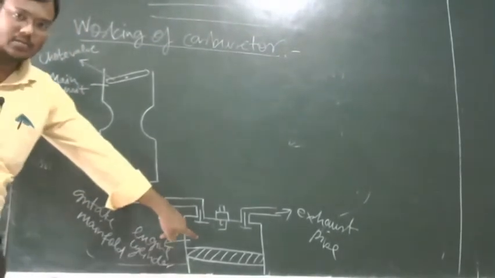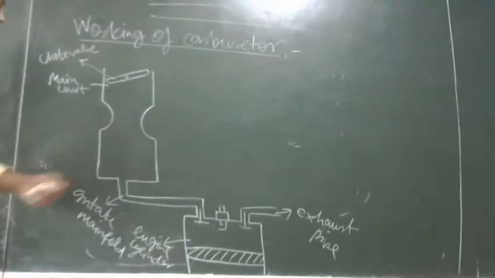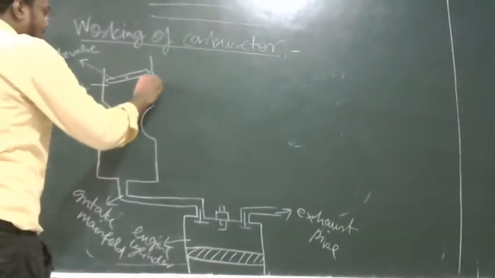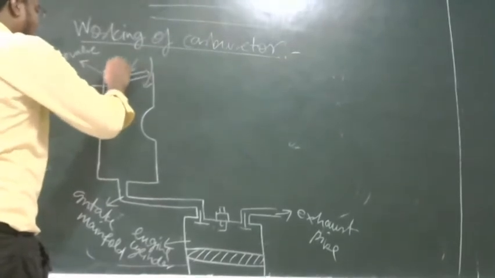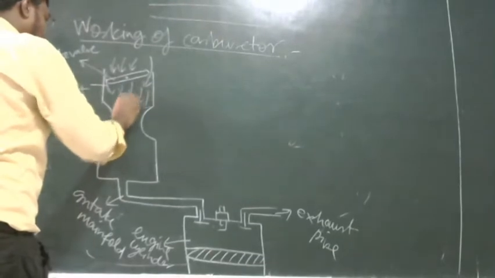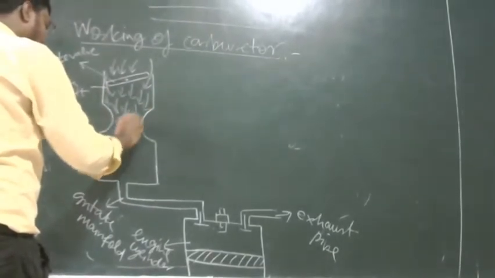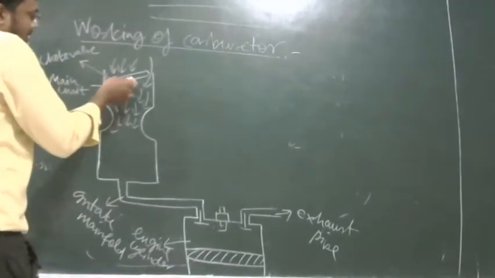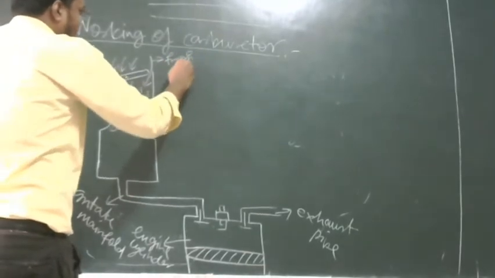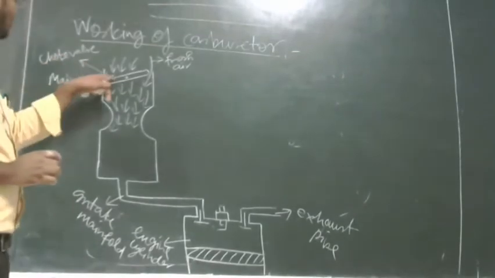Due to suction in the main unit, fresh air comes inside this main unit from the engine cylinder suction. The flow of this fresh air can be controlled by the valve known as choke valve.